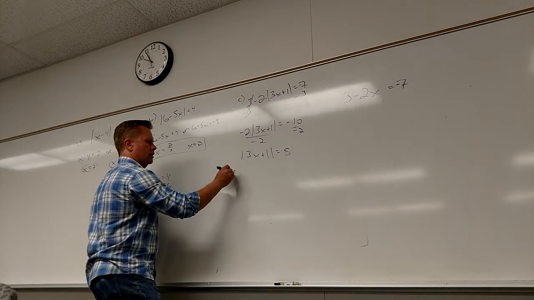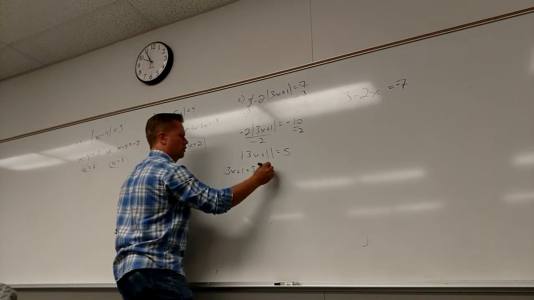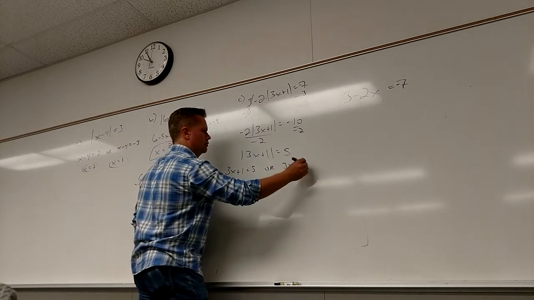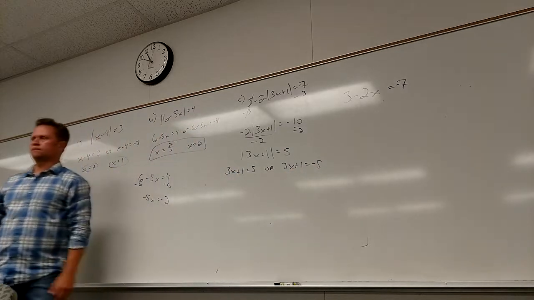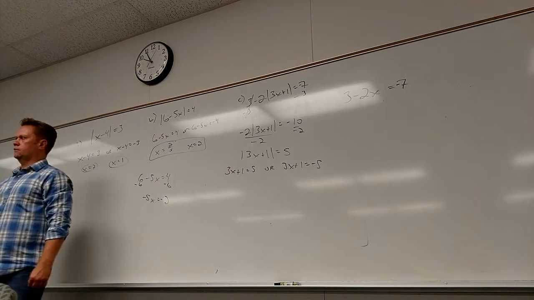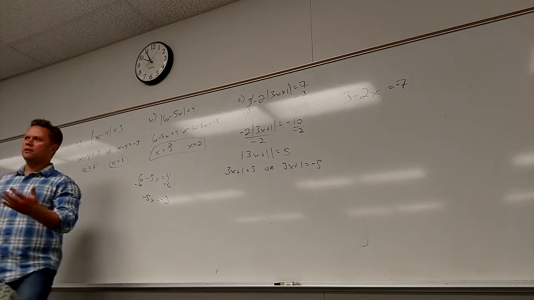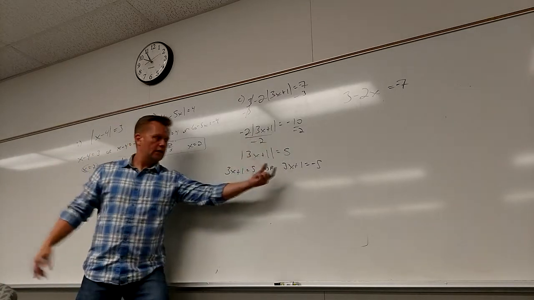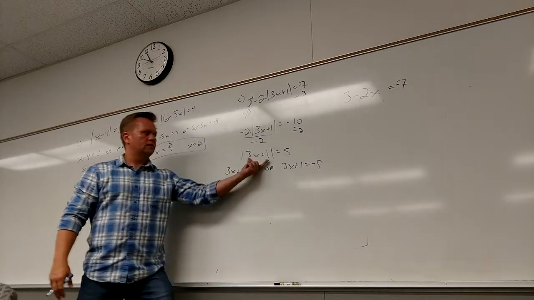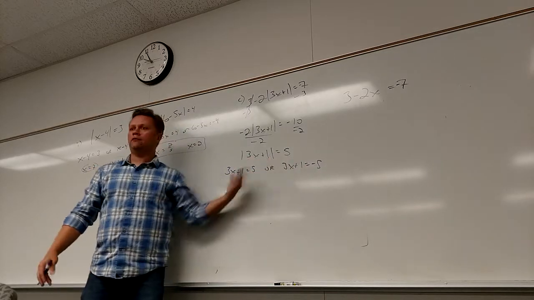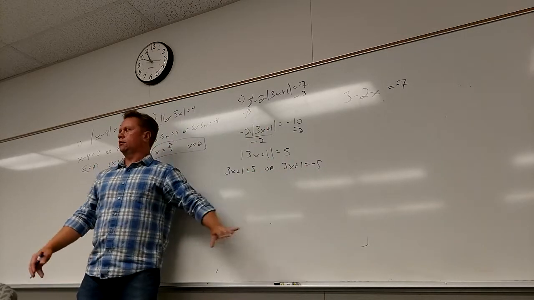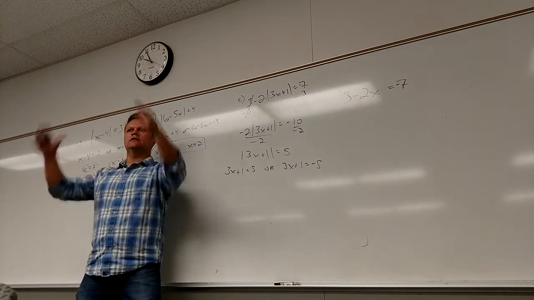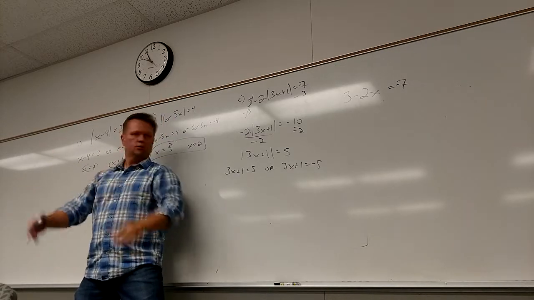So either that is 5 or that is -5. I really hope everybody sees, if that is 5, then this says absolute value 5, and that's 5. If that is -5, then this says absolute value -5, which is still 5. Both of those make this work. Which is why writing those 2 cases leads me to the solutions.